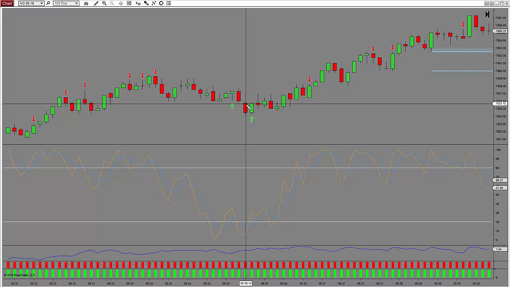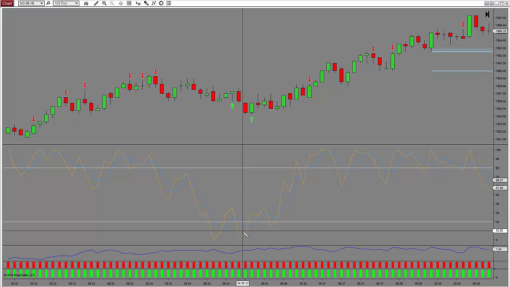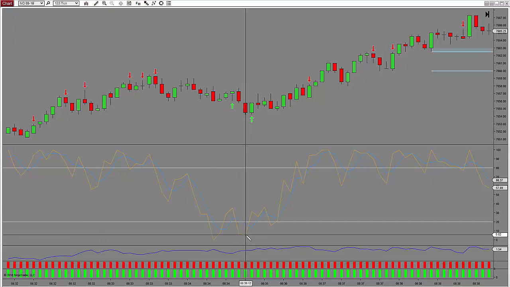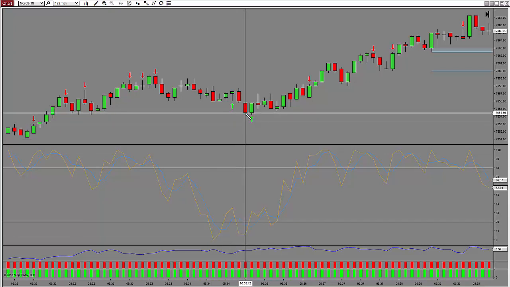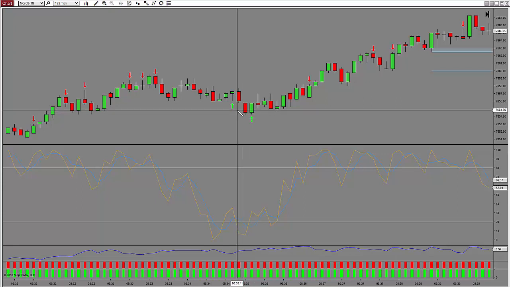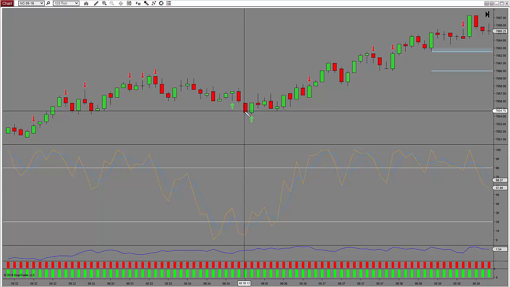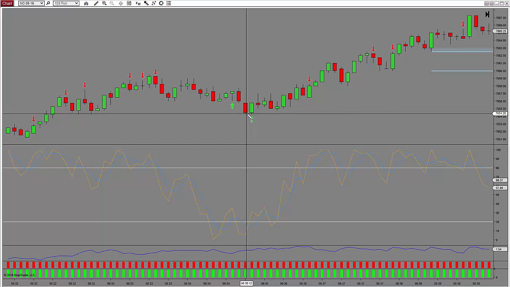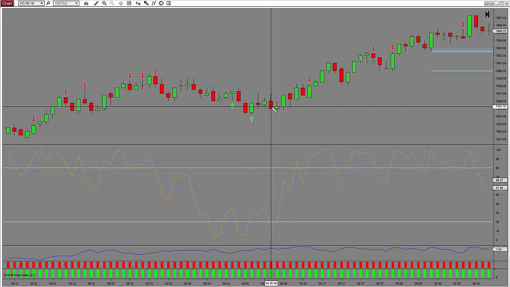Now, if we look at this bar, same type of deal. It didn't close at the low. It closed near the low, but not at the low, right? So that's just the basics of how it's calculated. It goes into a little more detail, but I'm not going to go into that in this video.